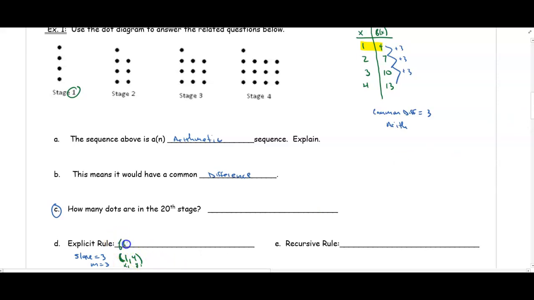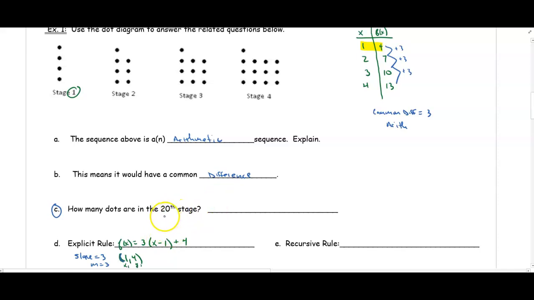So my explicit rule would be f of x equals my slope 3 times x minus the x coordinate of the ordered pair I'm using plus the y coordinate I would use, which is 4. Okay? Now, that rule helps me answer letter C.